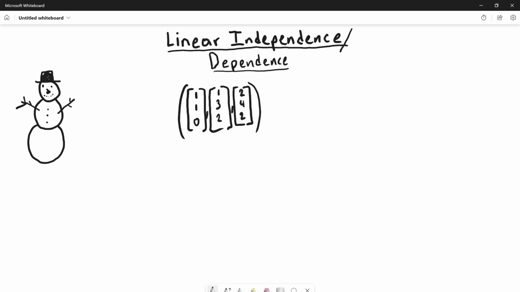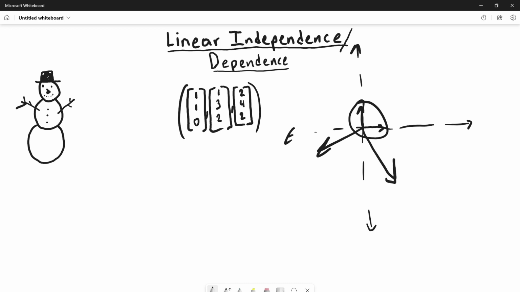Think about the standard Cartesian coordinate system, where you have an x-axis and a y-axis. So there's only 2 vectors that are really contributing to that coordinate system, right? And if you add any 3rd vector, no matter where it is in that 2-dimensional system, they're all going to be able to be represented by the original 2 vectors.